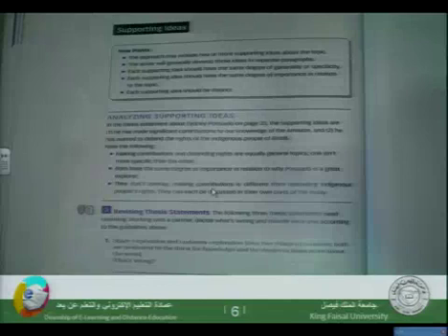And now, the approach may include 2 or more supporting ideas about the topic. So, not just 1, but 2 or more. The writer will generally develop these ideas in separate paragraphs. Okay, so each paragraph would contain an idea.